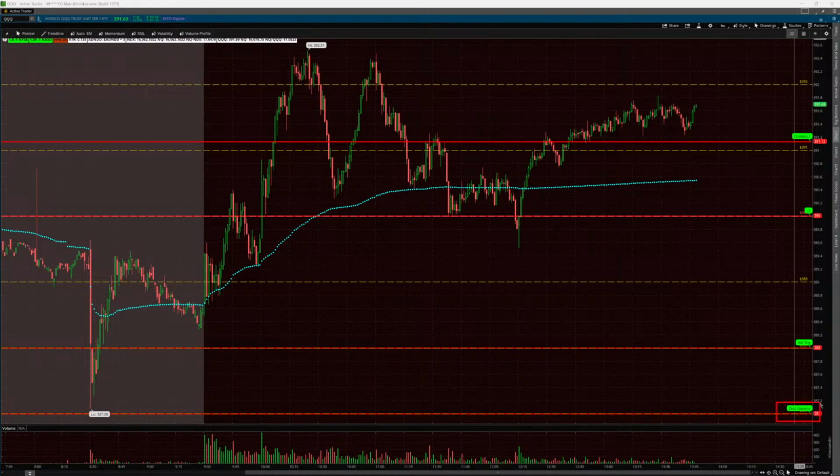Note the zero gamma level here at 387, more or less acting as support before the cash open right after the jobs report. Here's the 388 volatility trigger. So QQQ trading above its volatility trigger. Then this 390 level, that is the absolute gamma strike, acting as support.